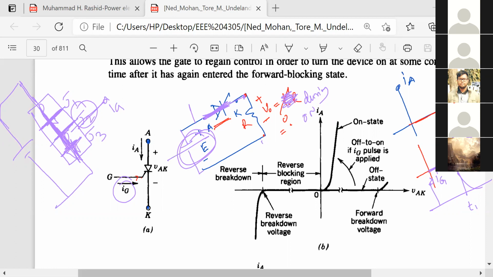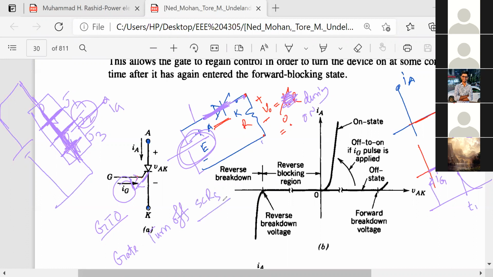But there is another device, a thyristor like this, where you can apply a reverse current. We call it GTO. What does it mean by GTO? Gate turn off thyristors.